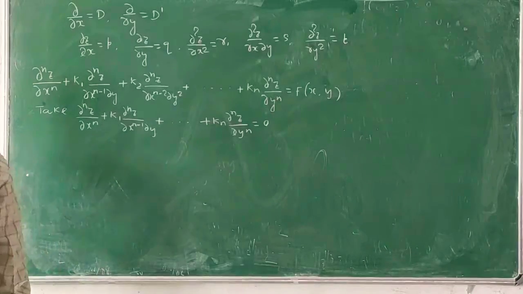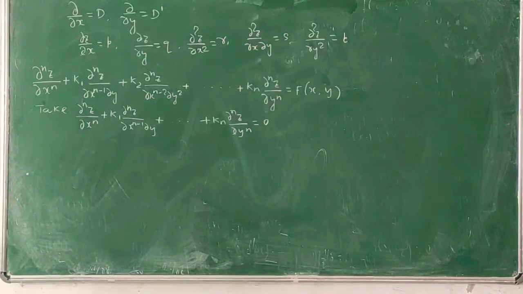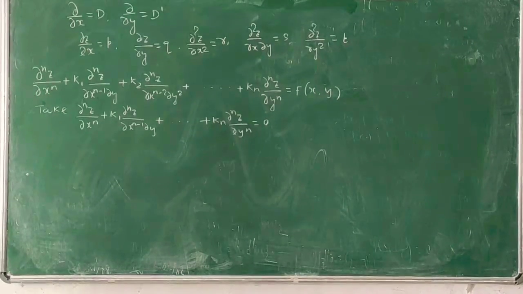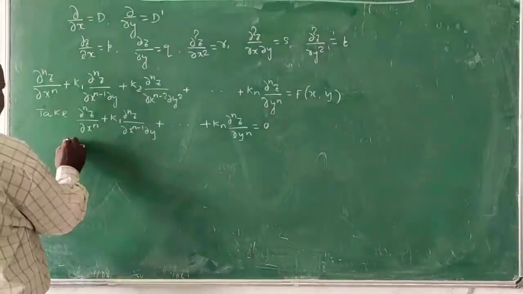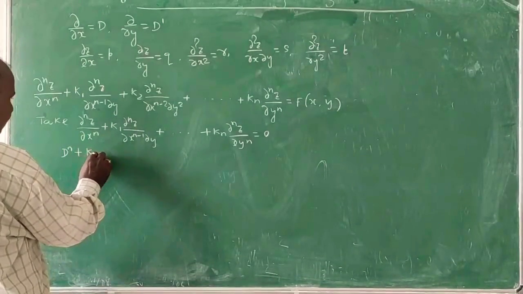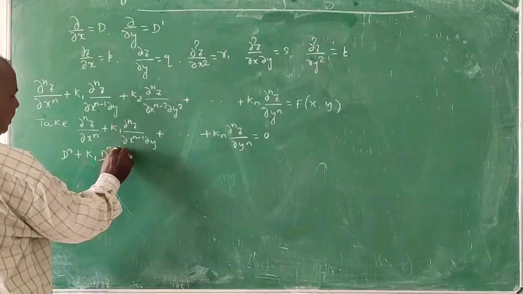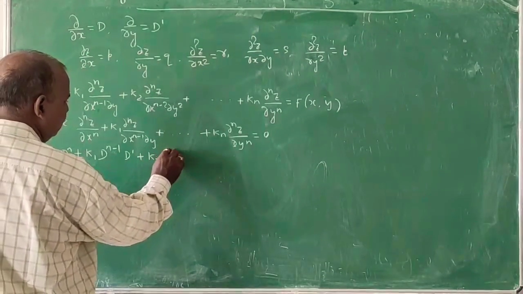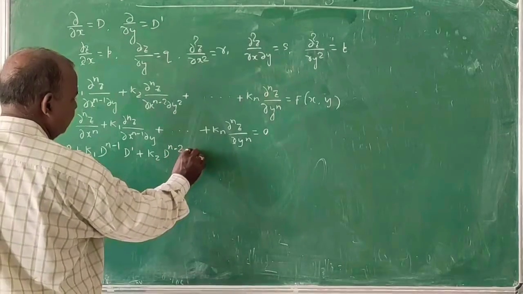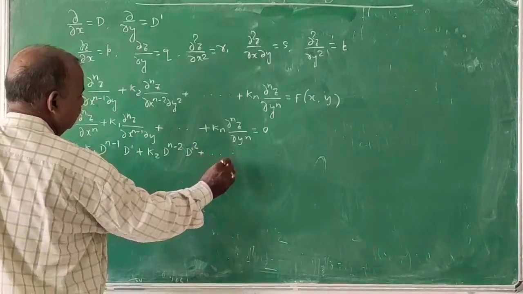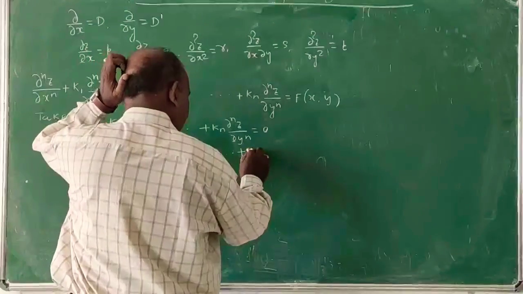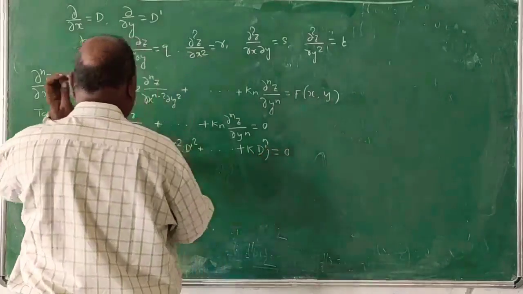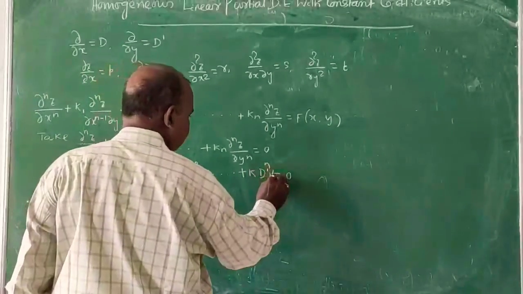Instead of del by del x you substitute D, and instead of del by del y you substitute D dash. So you obtain D to the power n plus k1 D to the power n minus 1 into D dash plus k2 D to the power n minus 2 into D dash whole square, up to kn D dash to the power n, operating on z, equal to 0.